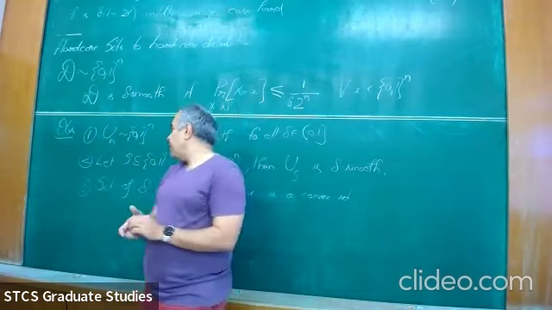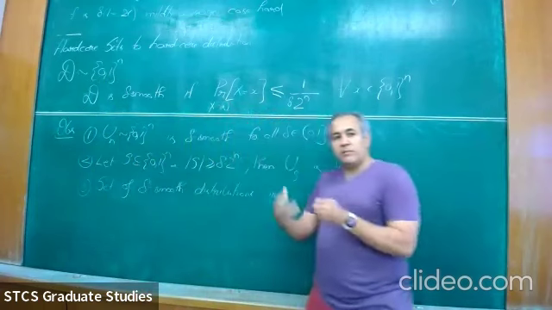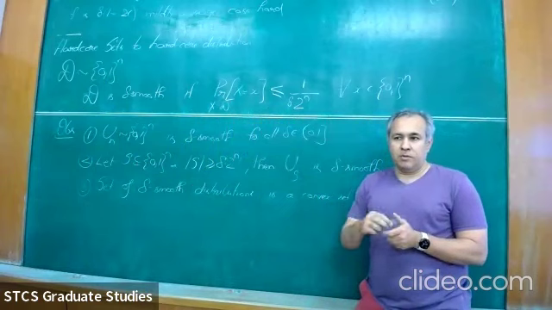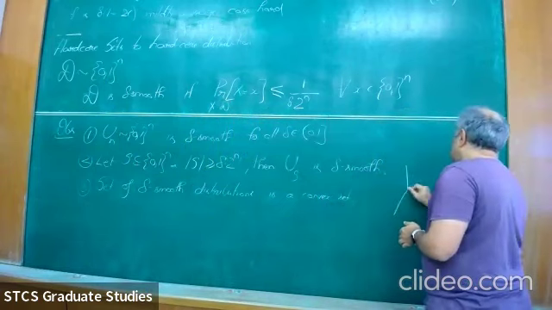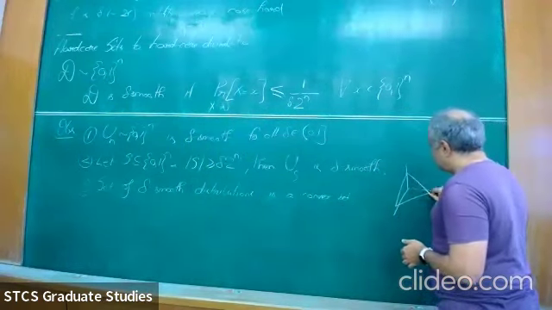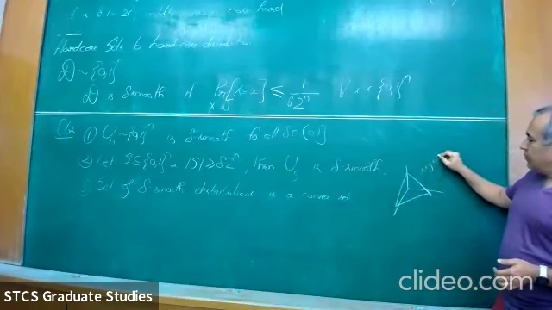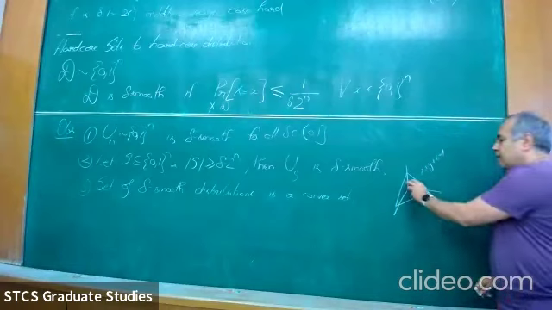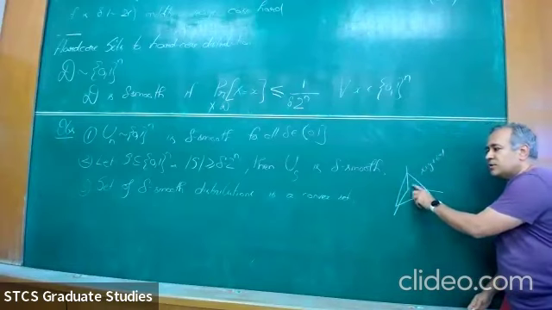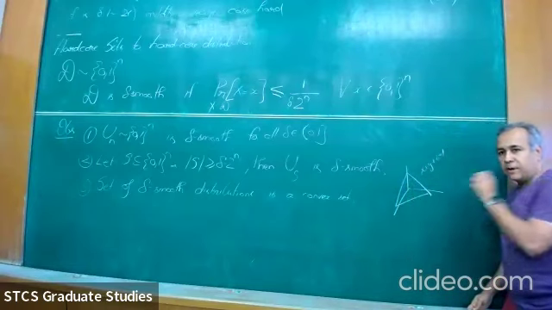For example, in three dimensions, it sits in this triangular region, the region x plus y plus z equals 1. And the set of smooth distributions is some convex set within this part.